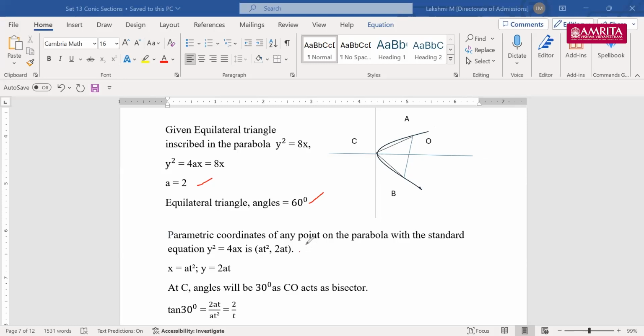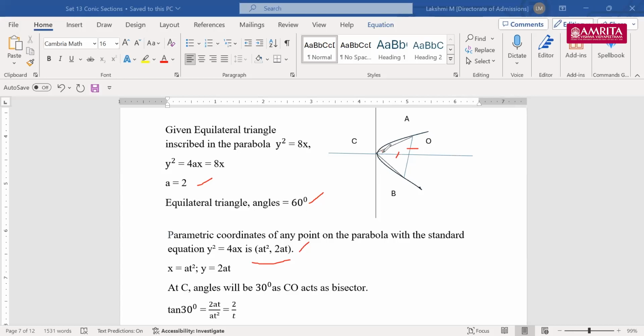I hope you remember something like this. The parametric coordinates of any point on the parabola with the standard equation y square equal to 4ax is at square, 2at. So this is going to be 2at, this is going to be at square. So I got x and y. And each angle is 60 degrees. Let's assume this is CO. It acts as a bisector.